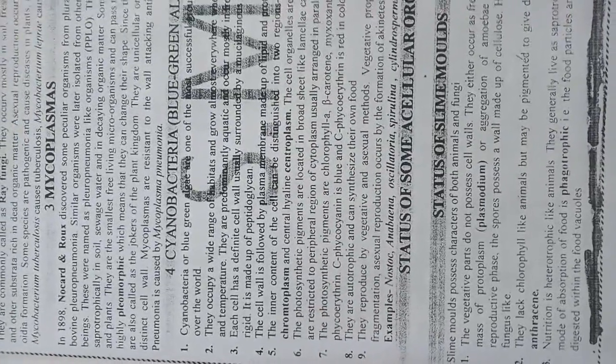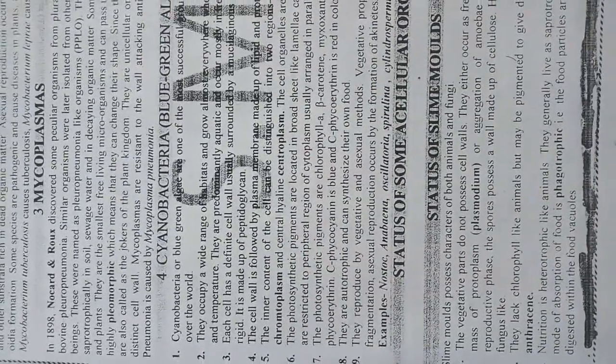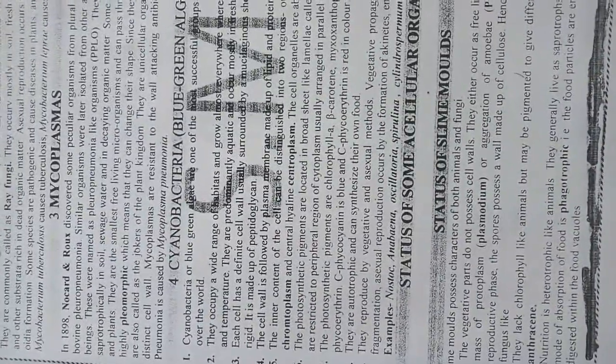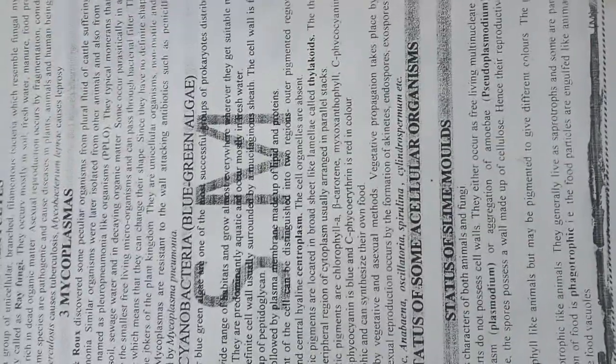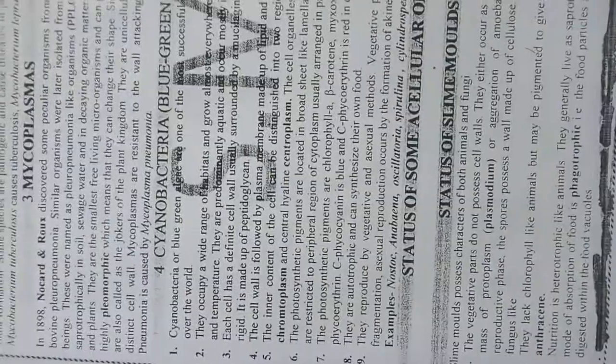The sixth general character of these cyanobacteria is that the photosynthetic pigments are located in broad sheet-like lamellae called thylakoids. The thylakoids are restricted to the peripheral region.